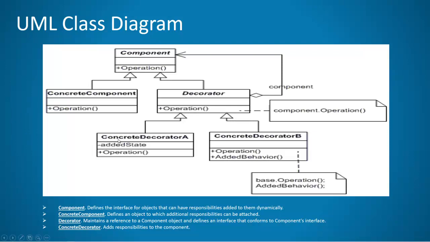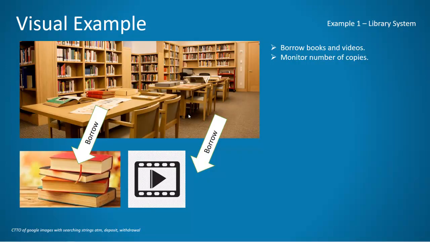So to better understand this class diagram, let's have a closer look at another image which I have prepared here, a visual example. As our example number 1, we have a library system. Just for demonstration, a library system is where you can typically borrow books and learning video materials.